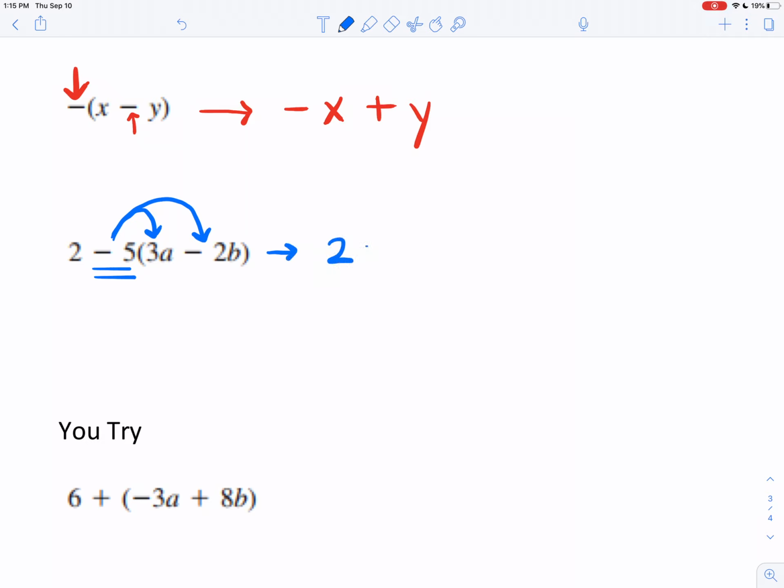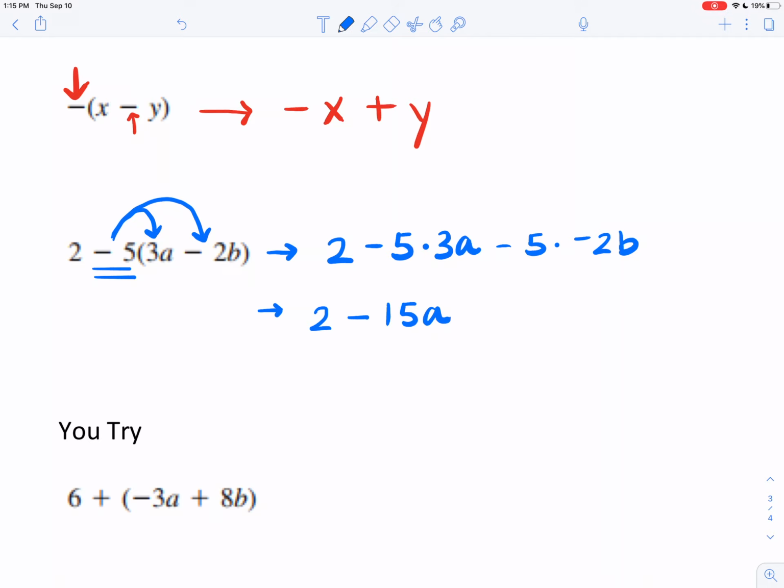But then I'm going to have to take -5, multiply it by 3a. That's the first term in parentheses. And then I'm going to have to take -5 and multiply it, watch your sign, by -2b. That's the second term in parentheses. So what's going to happen here is I'm going to have 2 minus, right, this -5 times 3 becomes -15a.